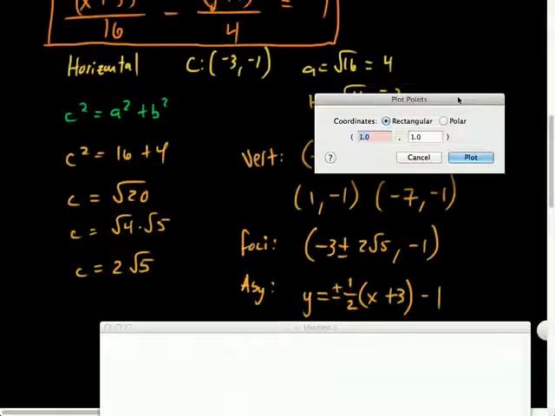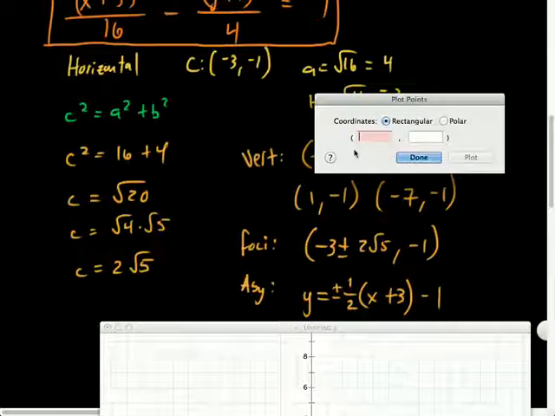Let's see. The center is at -3, 1. Then where were our vertices? 1, -1. Then we'll have -7, -1. The foci, I don't think I can enter math into this. Does it let me? -3 plus... No, I can't do square root of 20. Well, that's all right. I don't quite need it.